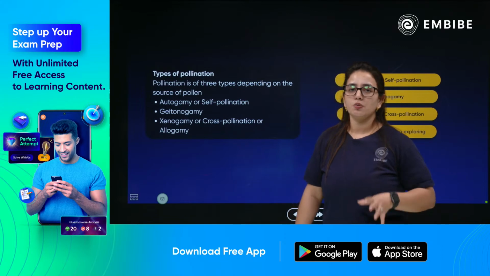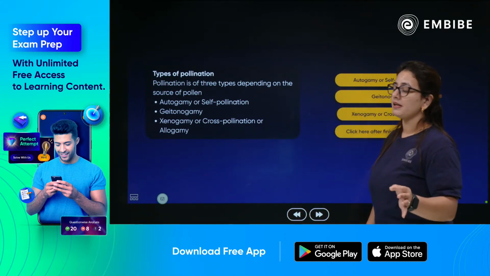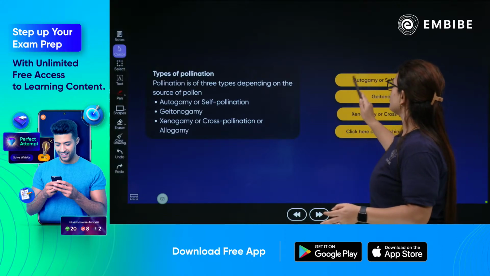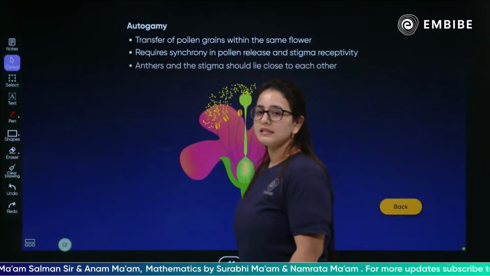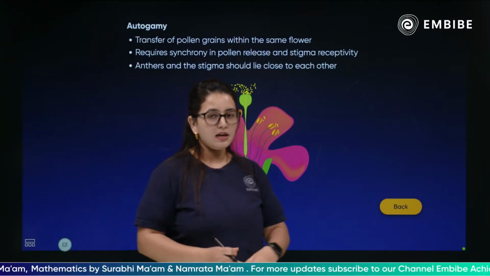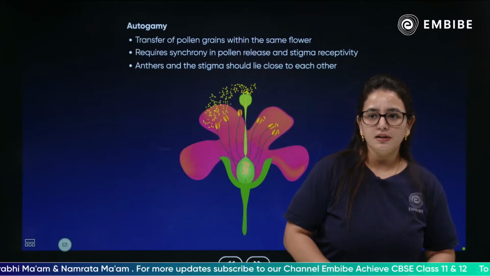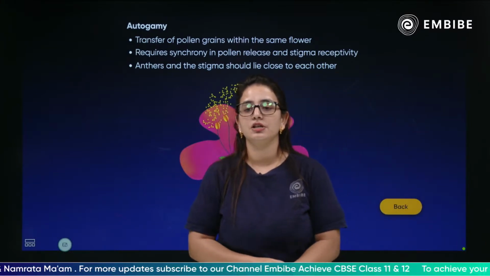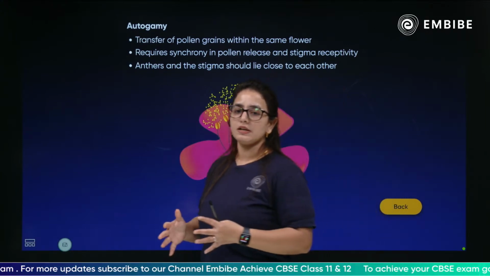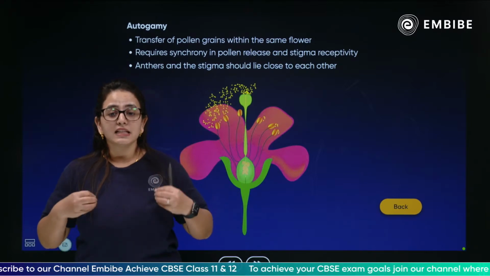From the very first, we're going to discuss self-pollination. Let's see what self-pollination is. As you know, children, the name already suggests what autogamy is. Autogamy means self-pollination. Talking about self-pollination, it is the transfer of pollen grains within the same flower.